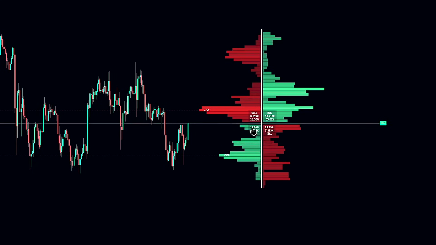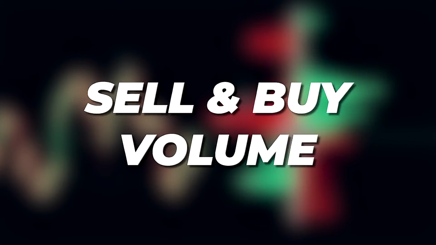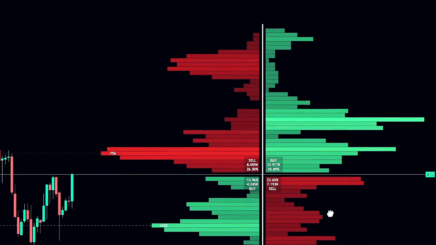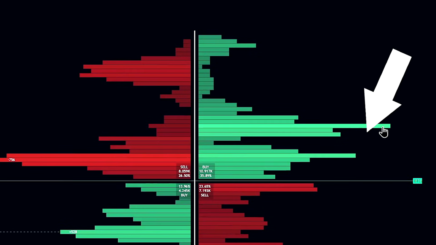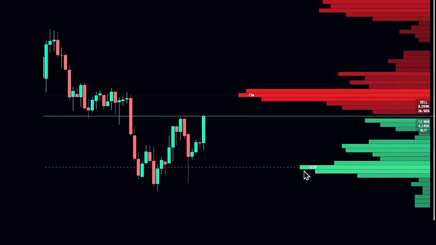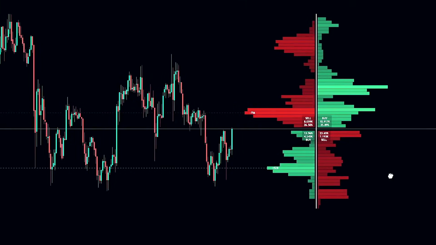With the default 200 candles look back, you can instantly see how buy and sell volume is distributed above and below price. If you're trying to identify the strongest level, just find the longest bar in the relevant quadrant and use its PC. The result is a clean, uncluttered chart that makes execution much simpler.